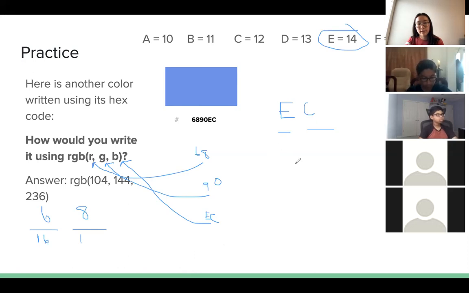So 14 times 16, what does that equal? That would equal 224. And then C equals 12, as you can also see above. So this is in the ones place, so that has a value of 12. If you add them together, you get 236. So that's why this number here is 236, because this number corresponds to this number.